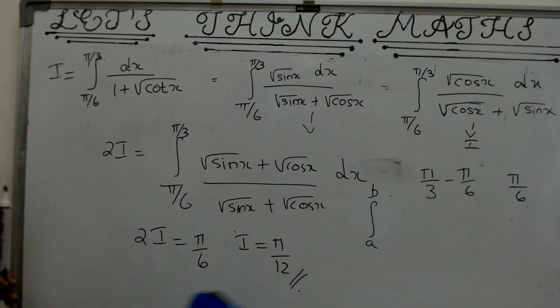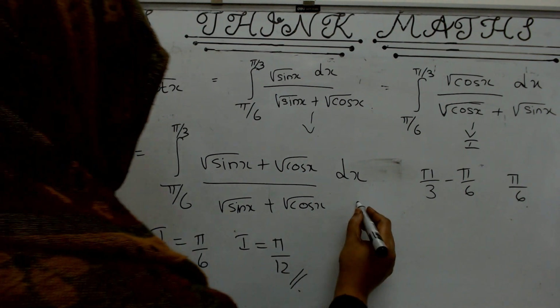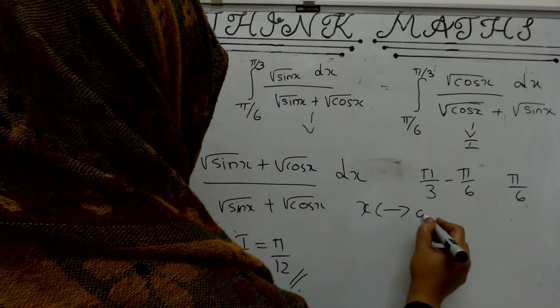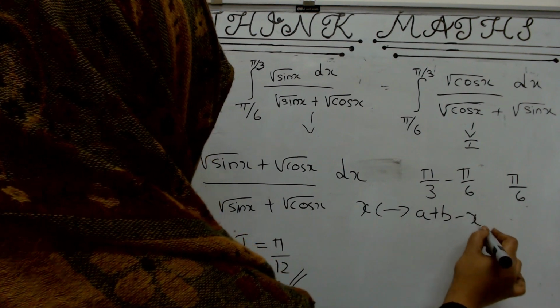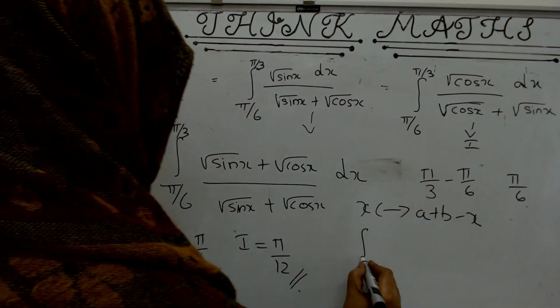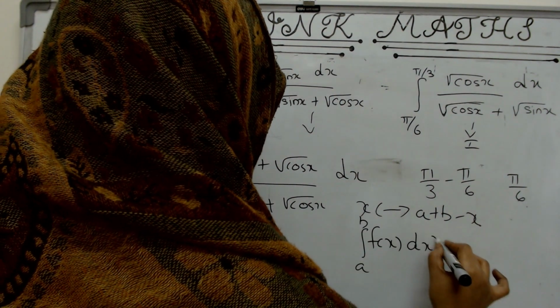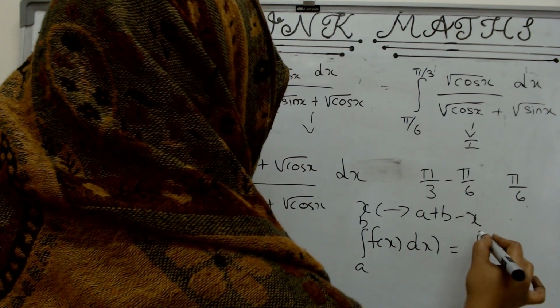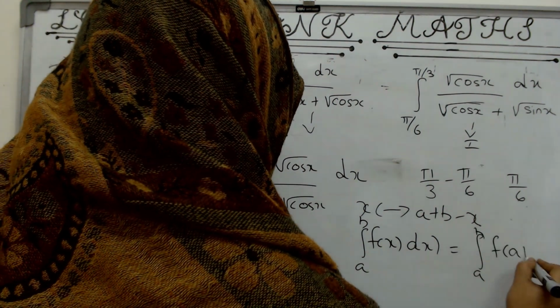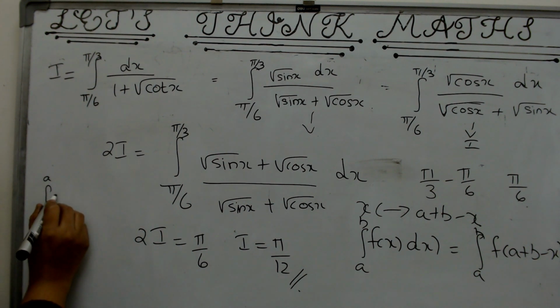And the next, what did we say? We saw interchangeable functions. If instead of x, if you add the limits and subtract the x from this, if you can interchange the 2 limits, then you can apply this property. And in particular, there is a particular application to it, and that is when it is taken from 0 to a.